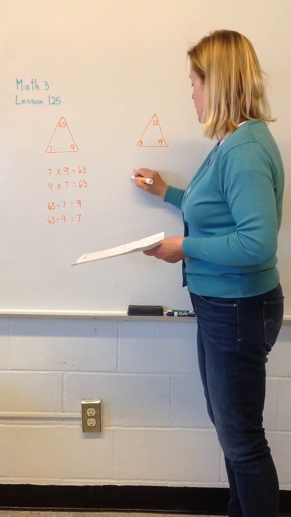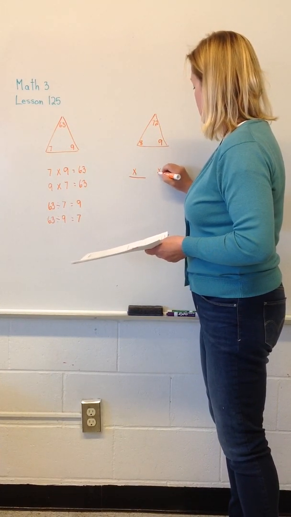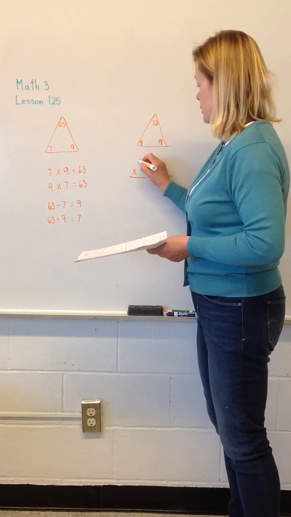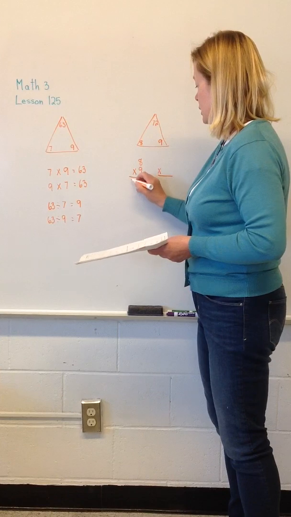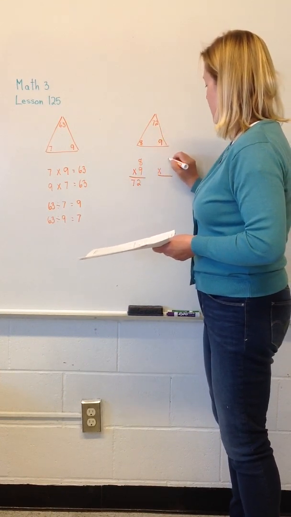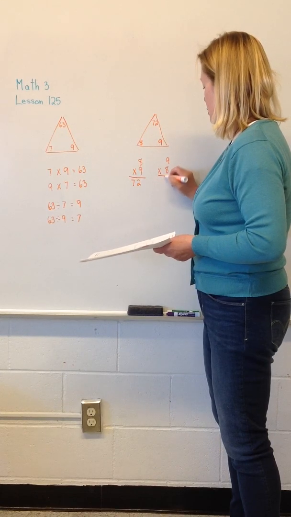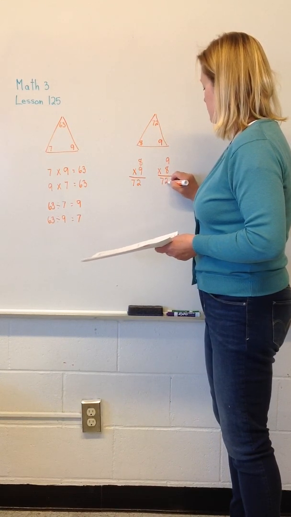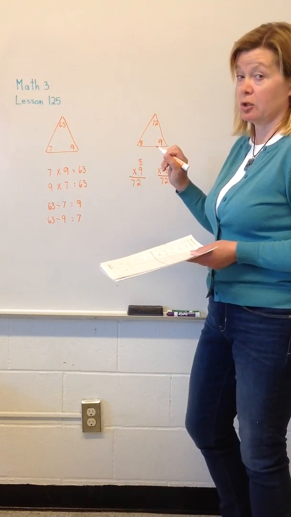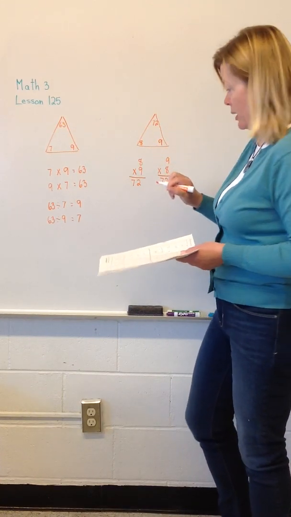So again, this one is a vertical problem, so we'll just go left to right. 8 times 9 equals 72, and then we'll reverse it. 9 times 8 equals 72. I tend to do it that way, left to right, so that I don't write the same problem twice.